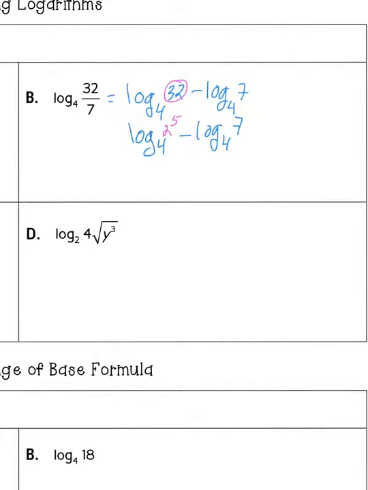Now we can go ahead and loop this 5 into the front. And I get 5 log base 4 of 2 minus log base 4 of 7.